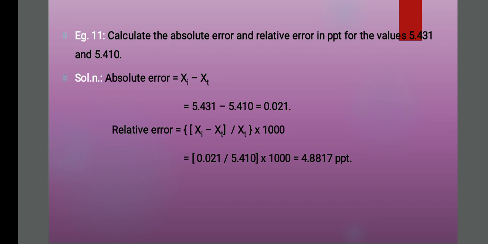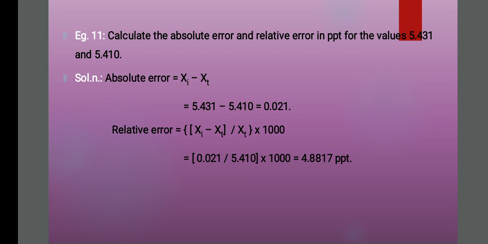So remember the point here: you have to assume which value is the true value and which is the experimental value. Take the experimental value as the higher value. So 5.431 is the experimental value, and the true value is 5.410.